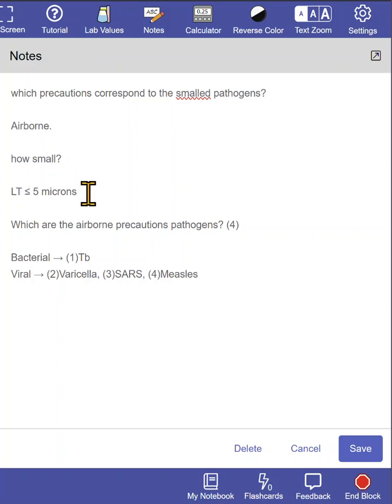Less than 5 microns can be suspended in the air, so you need to use airborne precautions.